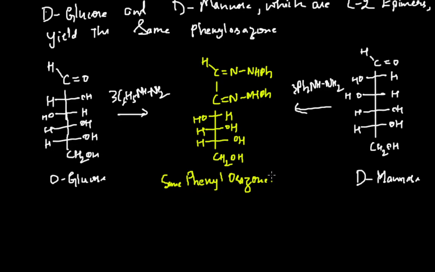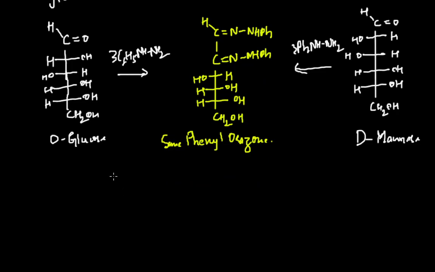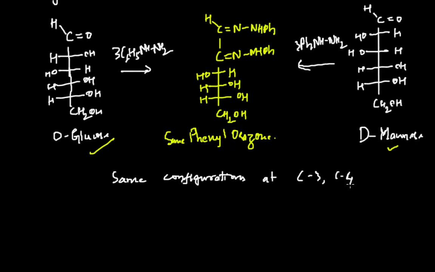In fact, this experiment was first done by Emil Fischer, who used it to establish that D glucose and D mannose have the same configurations at C3, C4 and C5. The only difference is at C2, so that is why they are called C2 epimers.